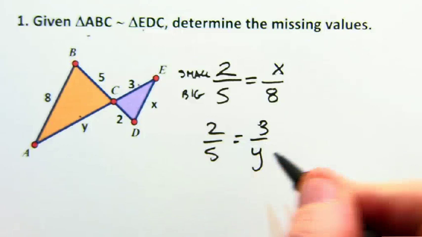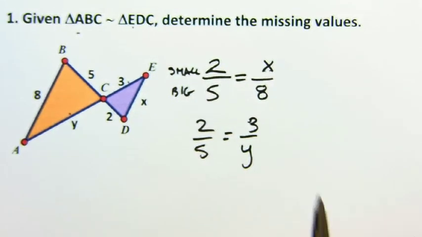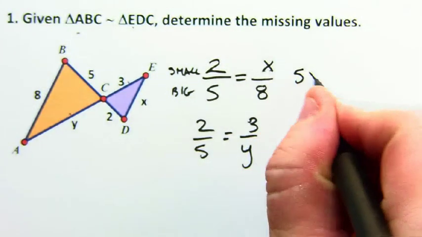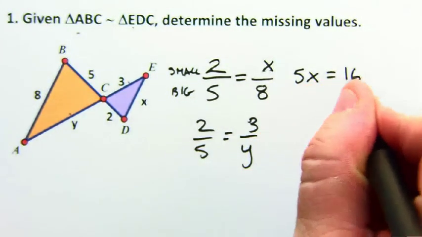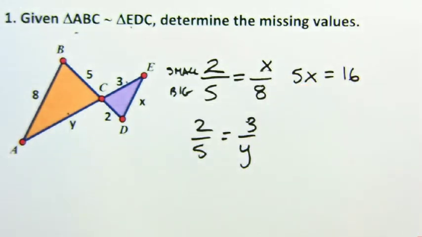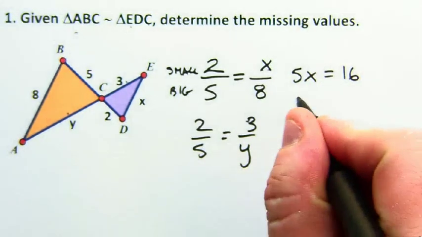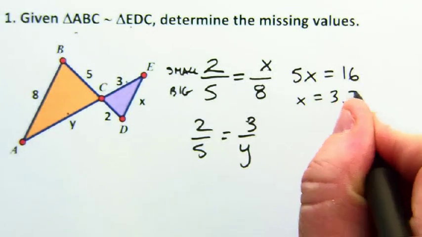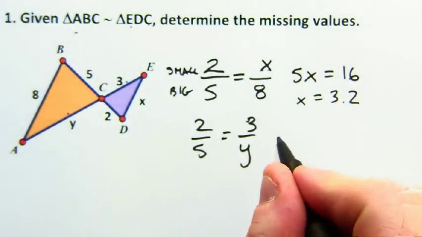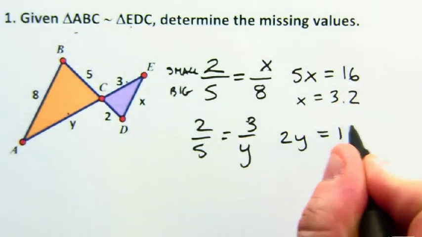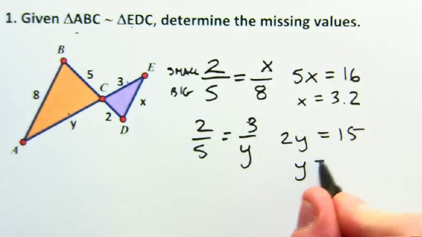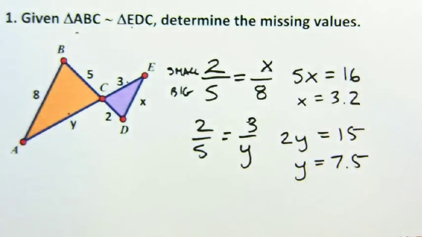I just cross multiply those. I get 5x equals 16, and when I divide 16 by 5, I get 3.2. Then when I cross multiply here, I get 2y equals 15 and y equals 7.5.